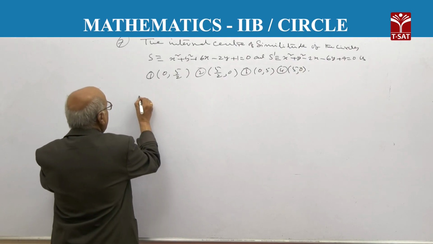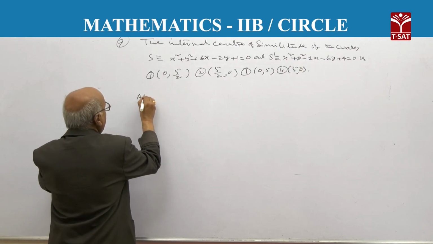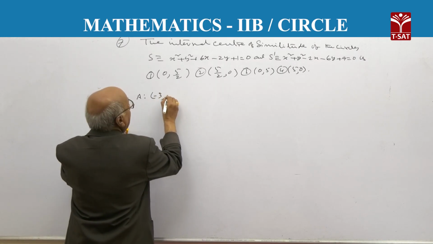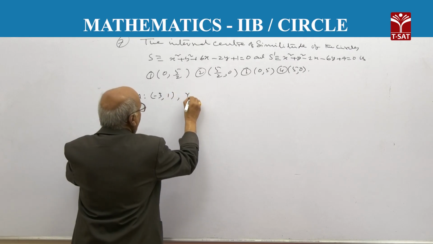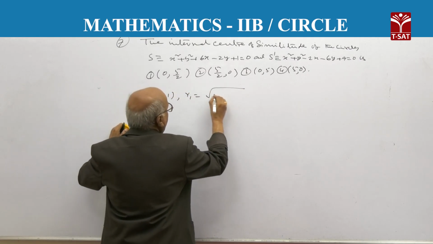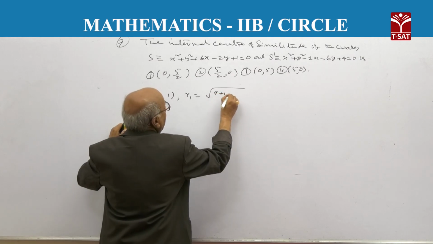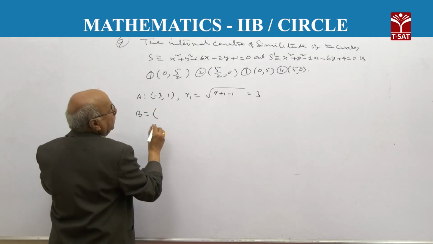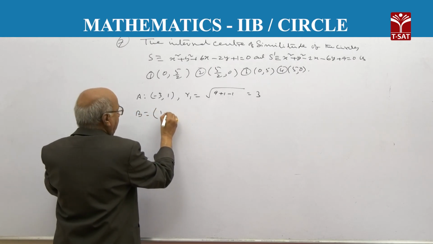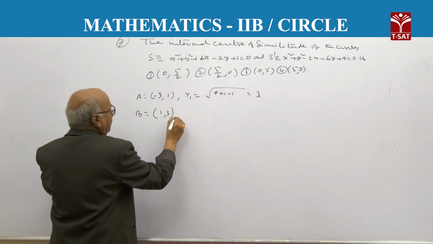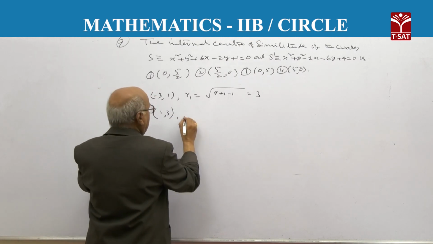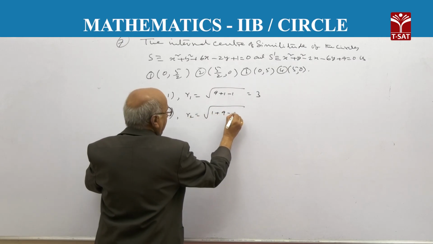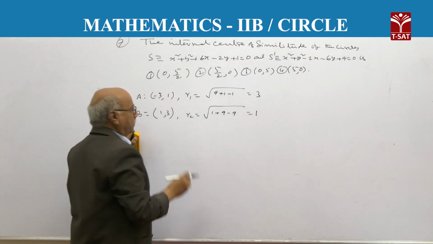Now A is equal to (-3, 1) and R1 is equal to square root of 9 plus 1 minus 1, which is equal to 3, and B is equal to (1, 3) and R2 is equal to square root of 1 plus 9 minus 9 is equal to 1.